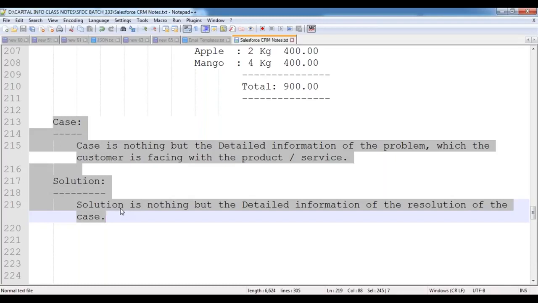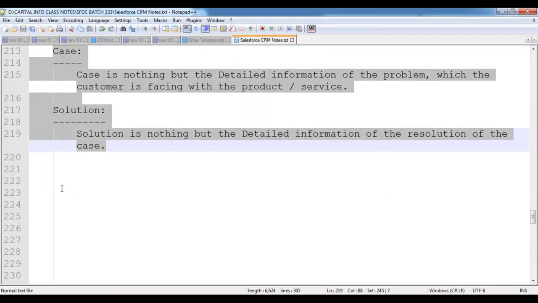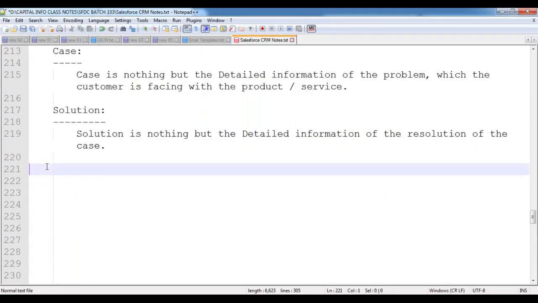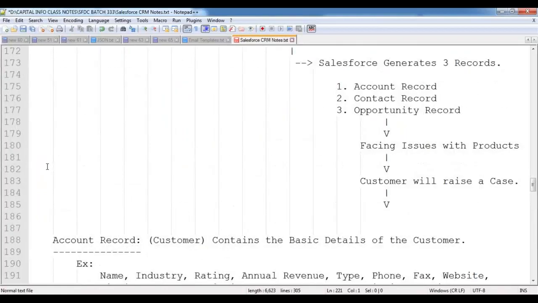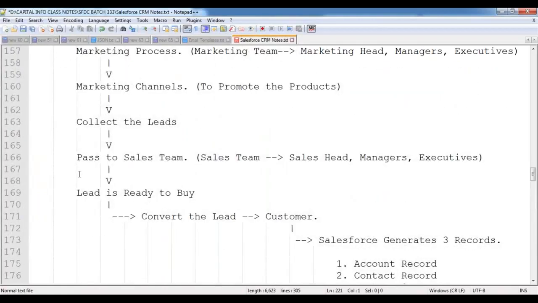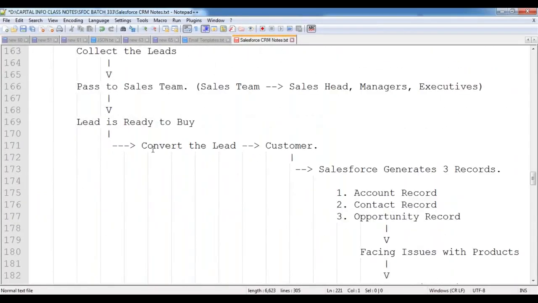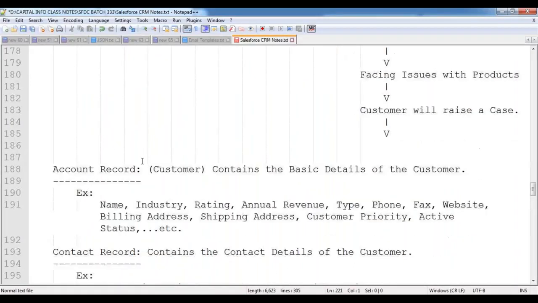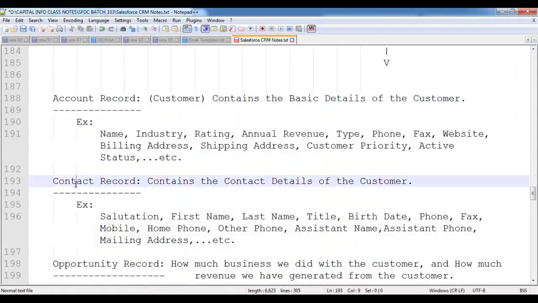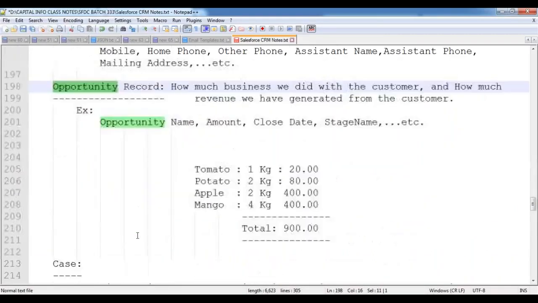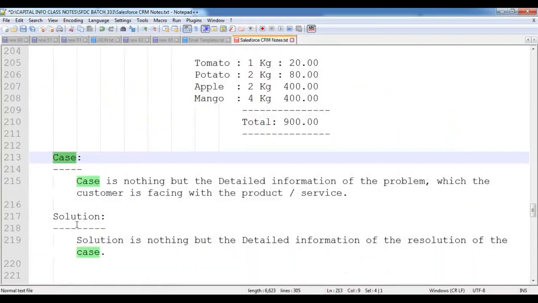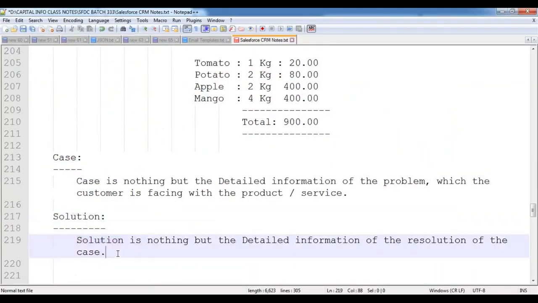These are the various terminology that we are using as part of the CRM process. We have used terms like campaign, lead, account, contact, opportunity, case, solutions. These are all the terminology.